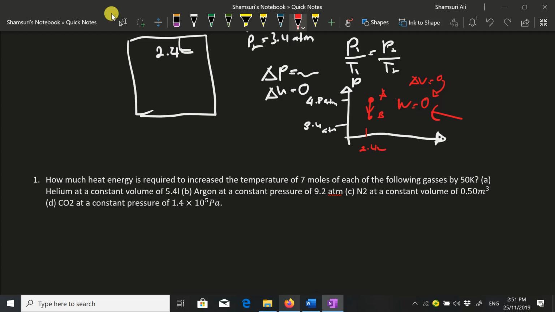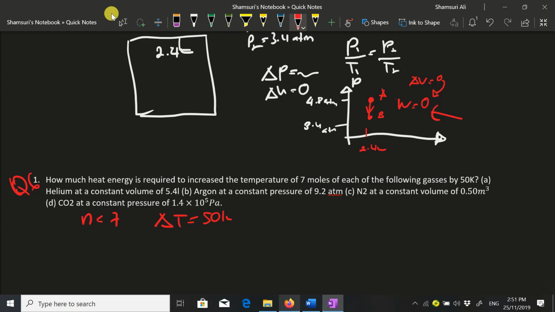So the gases have 7 moles, so n is 7. It requires energy for 7 moles of each of the following gases by 50, so delta T is 50 K. So helium is given to us.